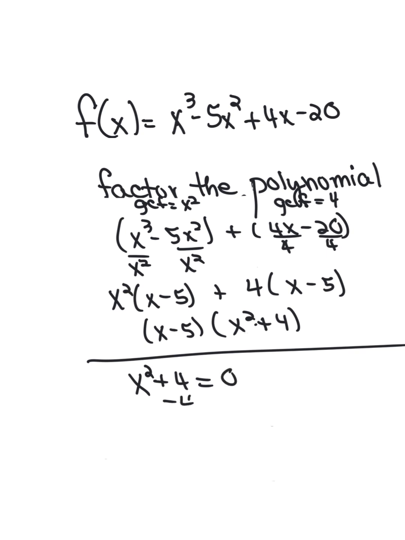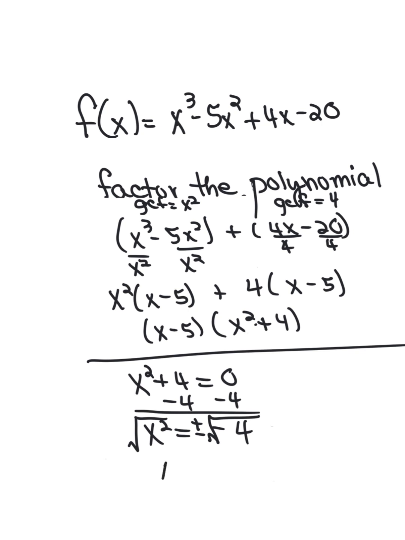So I'm going to subtract 4 from both sides, and I get x squared equal negative 4. To solve a squared function, I'm going to take the square root of both sides. And when I take the square root of what is on the right side, I have to remember it is a positive and negative answer.